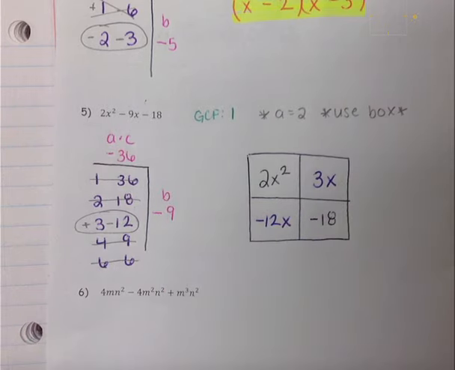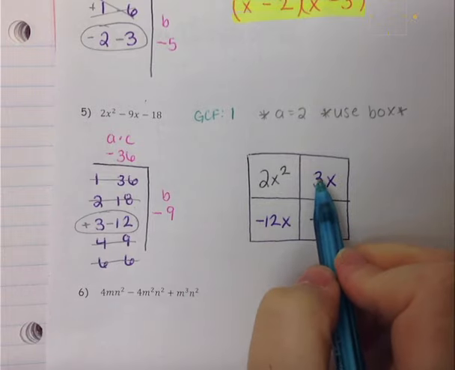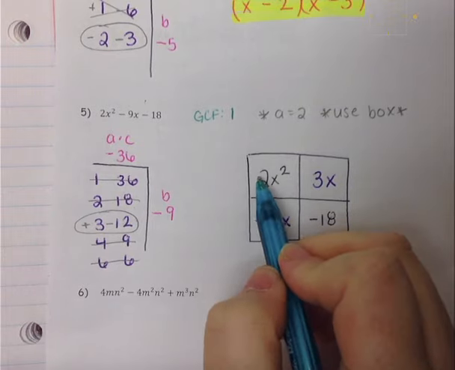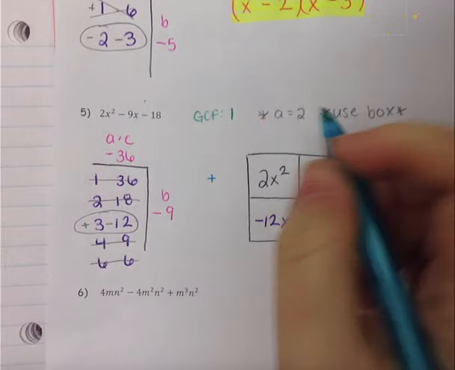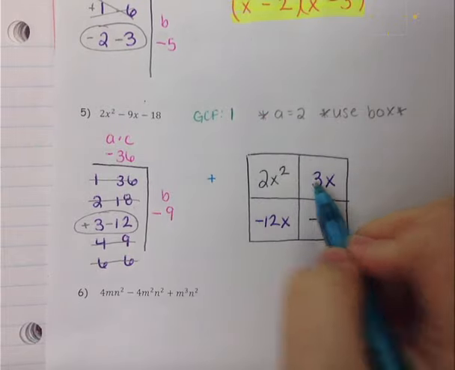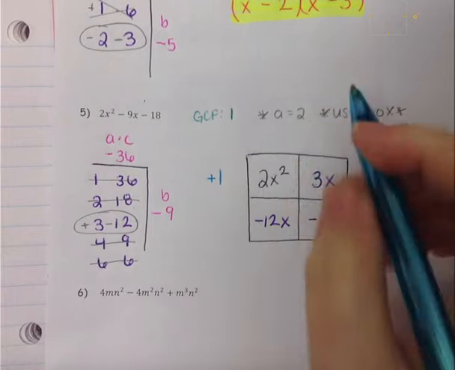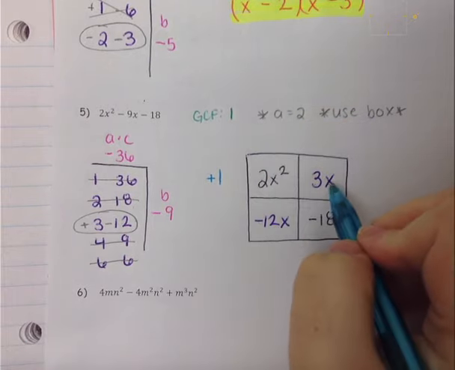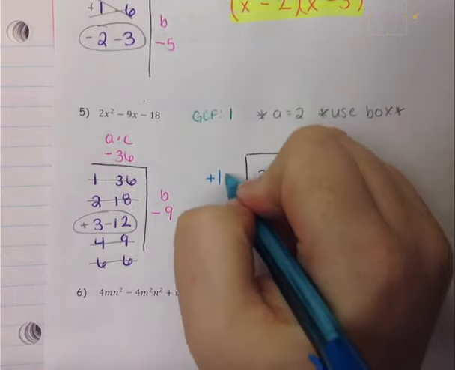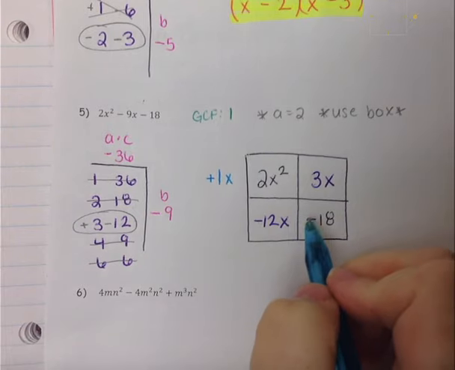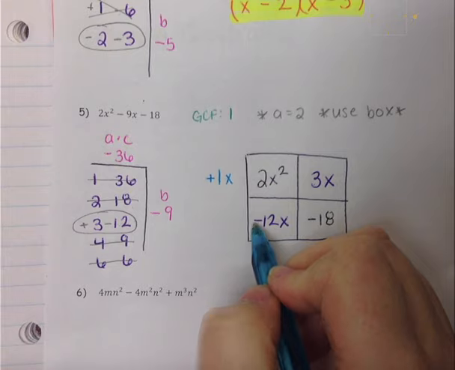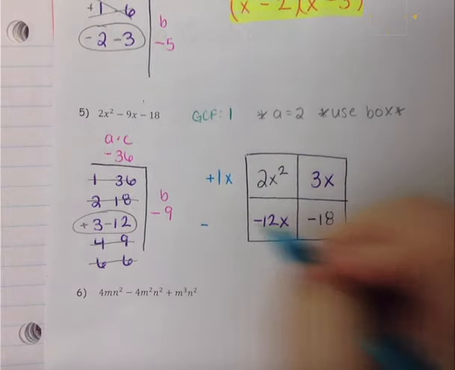Now we're going to factor out our GCFs. Okay, so going to that first row, going to the side, the first sign is positive. The GCF between 2 and 3 is a 1. And the GCF between x squared and x is an x, because they both have an x, and I always look for the smaller amount. On the next row, my first sign is negative. So I know this will be a negative.